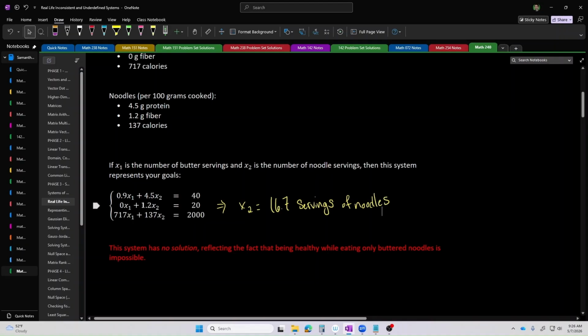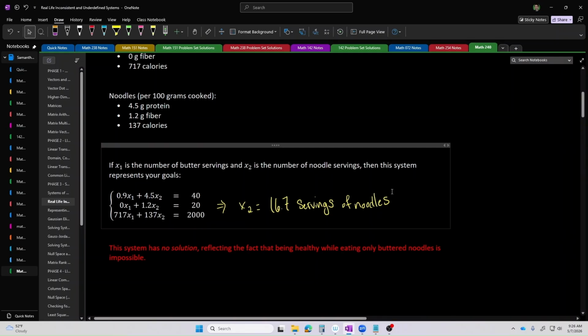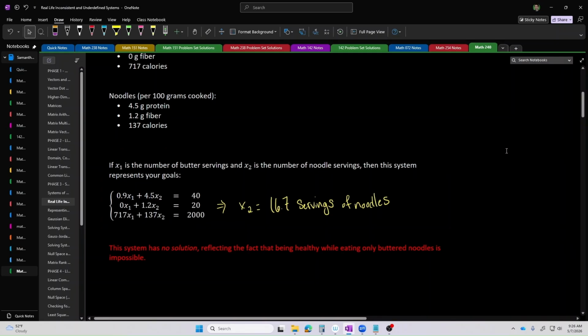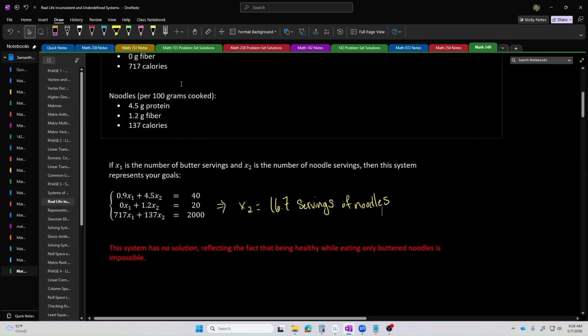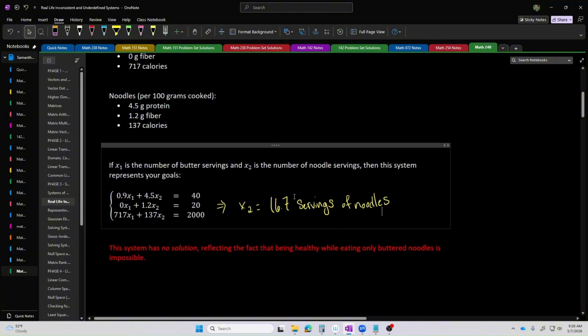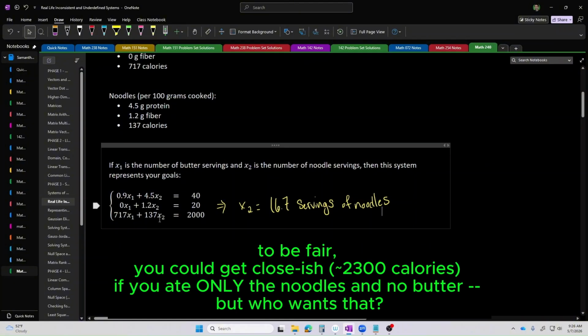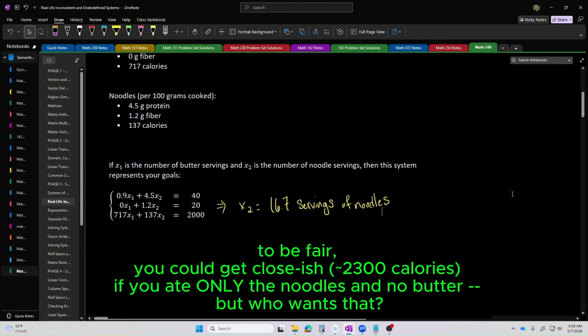And so think about that. That would be like 1,600 grams of cooked noodles, which would be multiple pounds of noodles. And if you're eating multiple pounds of cooked noodles, we can already see that there's no way you're also going to be able to meet your calorie goals for the day.